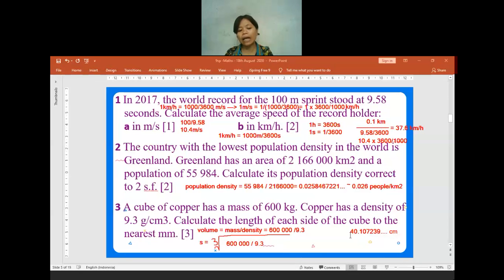Now the question is asking us for the nearest millimeter. 1 centimeter is 10 millimeters, so we have to times it by 10. So it will be 401.07239 and so on. This is in millimeter, and because it says the nearest millimeter, the answer has to be a whole number. So we will take 401 millimeters.